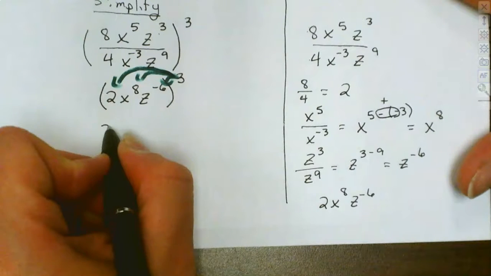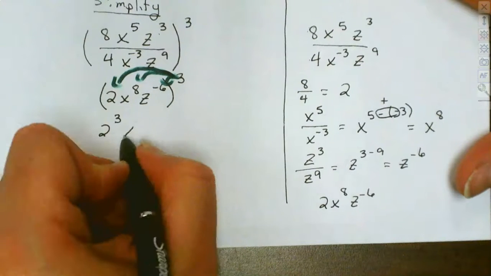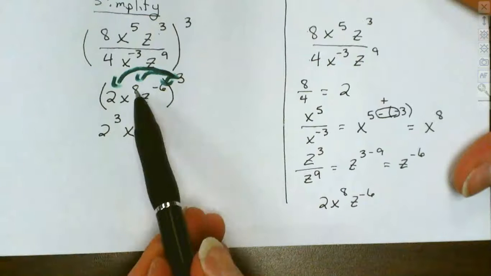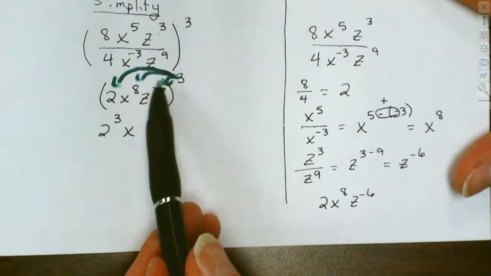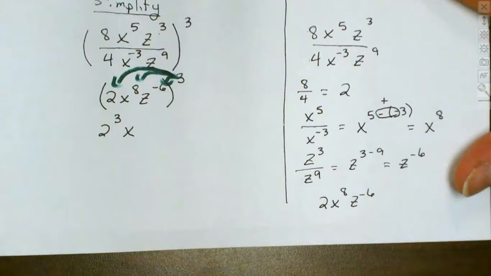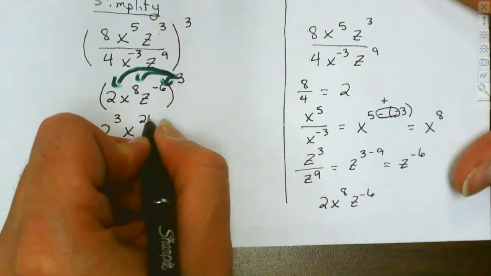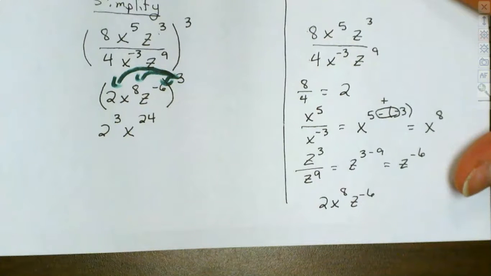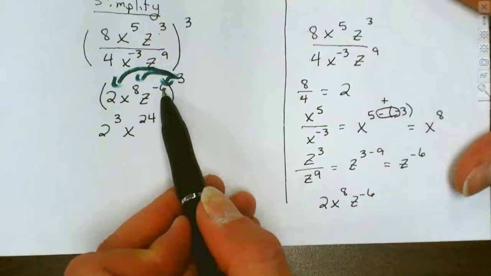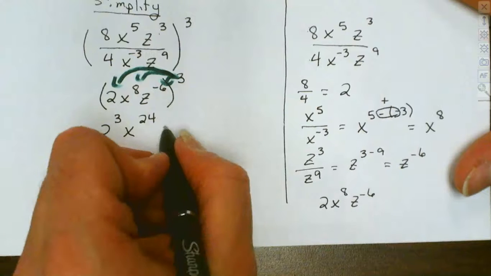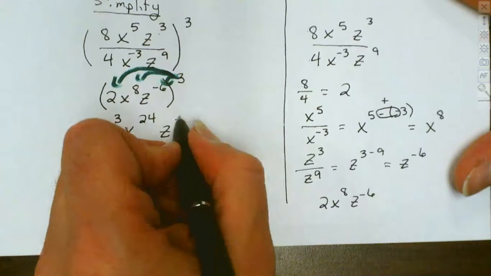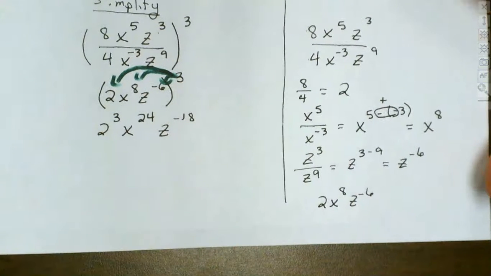We have 2 cubed x. How many of those do we have? Well, 8 times 3. 8 times 3 makes it then a 24. Negative 6 times 3, that makes it a z to the negative 18th power.